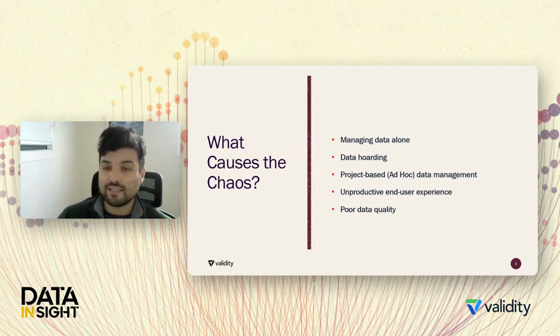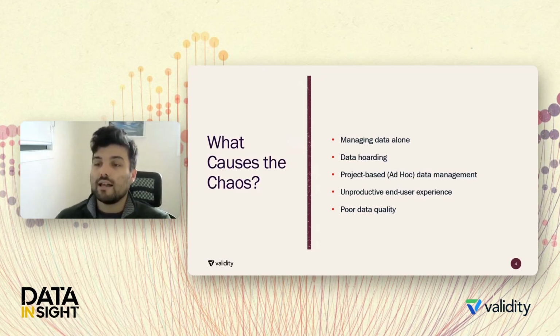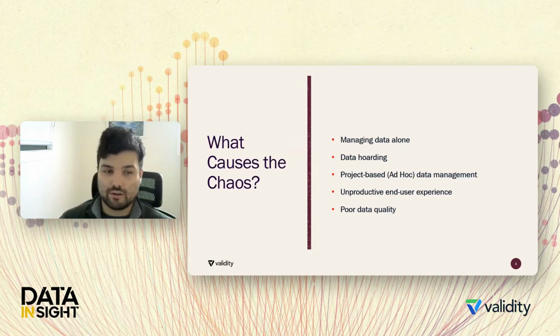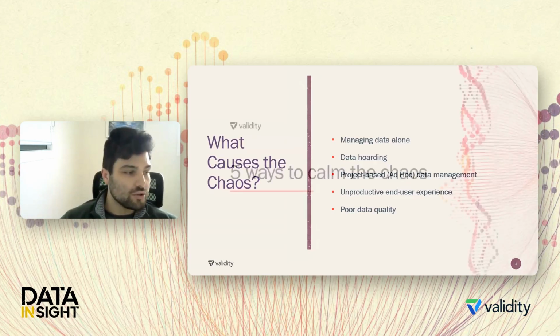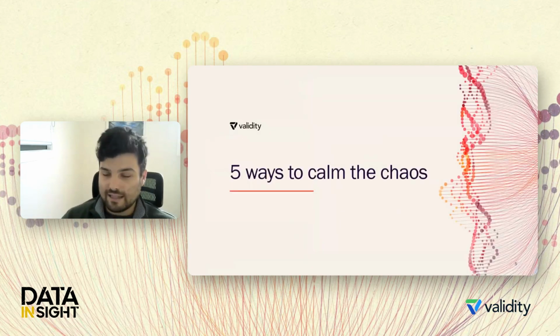They're built for business processes, and the harder they are for end users to go about using, the more likely it is that they will use it poorly, and that will just result in worse and worse data quality. And then lastly, just poor data quality, generally speaking, that kind of gremlin in the closet that starts to snowball, and the worse it gets, the harder it is to manage, and then it just kind of keeps growing and growing.